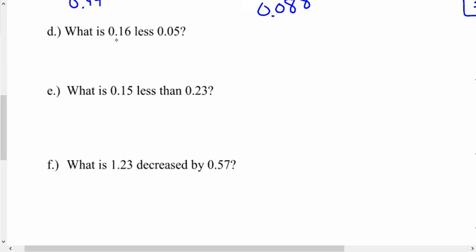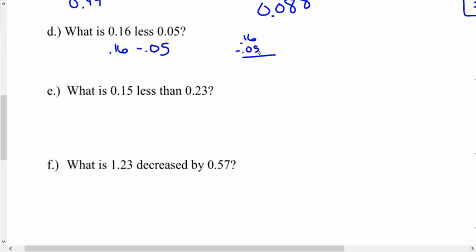What is 0.16 less 0.05? Okay, if you look back up at your chart, 0.16 less 0.05, that means you just keep it in that order. 0.16 minus 0.05. So this will then become, as we write it vertically, 0.16 minus 0.05. You know, another way to think about this, some people take borrowing to the extreme. Look at this.